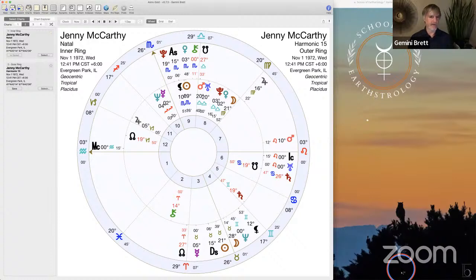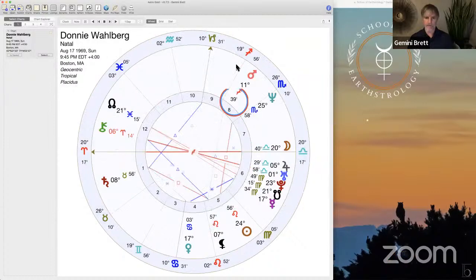So Venus and Mars are biquintile in Donnie Wahlberg's nativity, 144 degrees or thereabout. Well, let's do this one also. How far is Venus from the descendant? Much closer to a square. This one's 90 plus 3, 14. So 93 and a quarter.